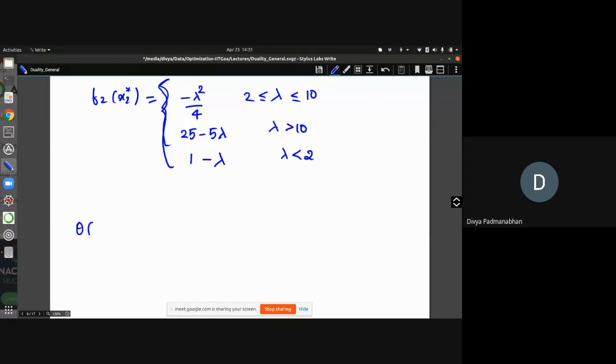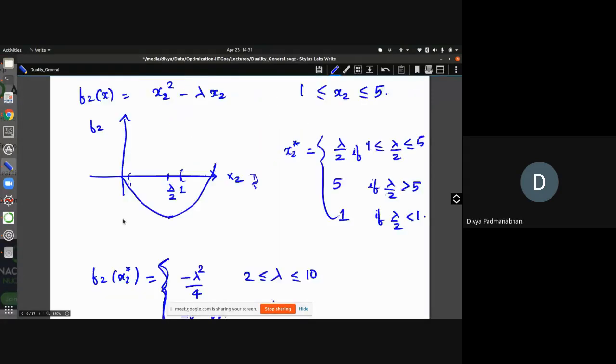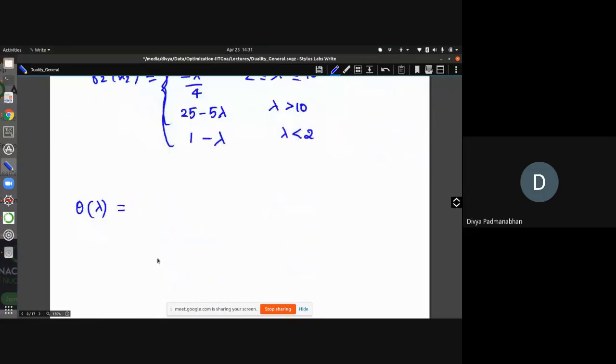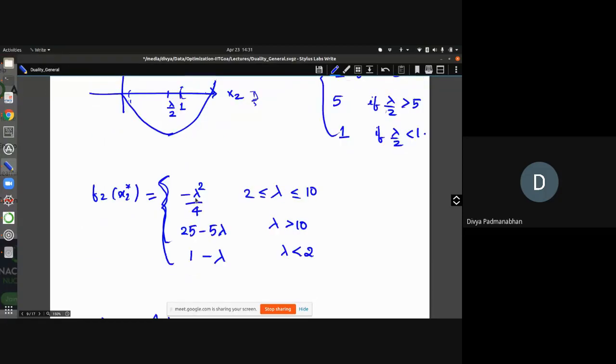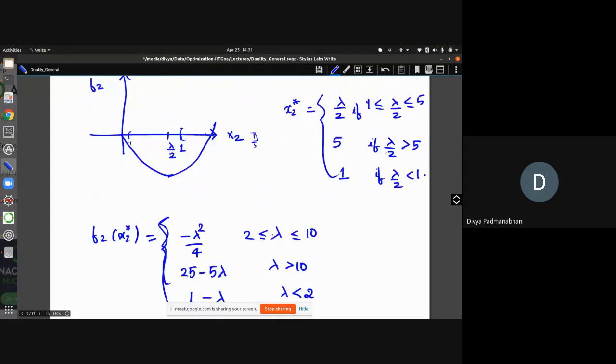So theta of lambda, there is already a constant here, a 4 lambda, so let's just write that. So it's 4 lambda plus f1 plus f2. It's a sum of f1 and f2. Consider all these ranges.